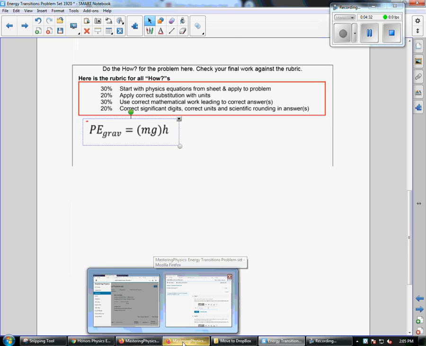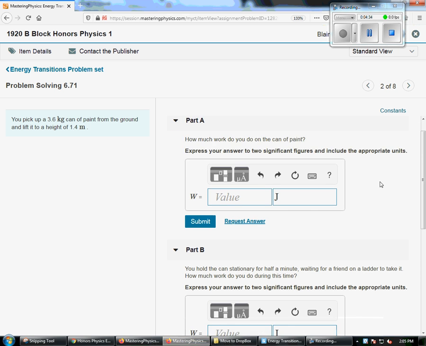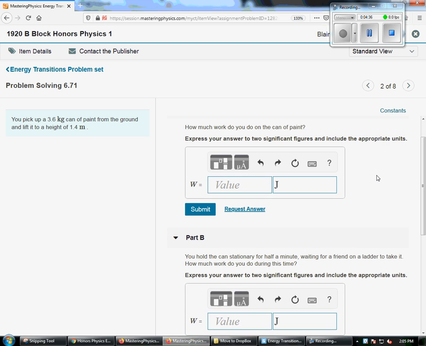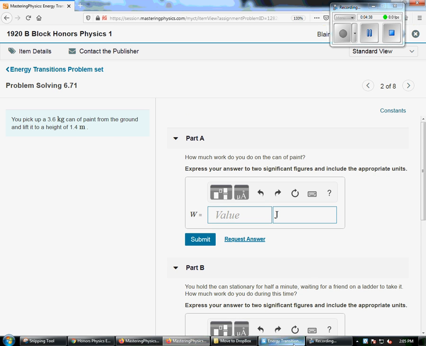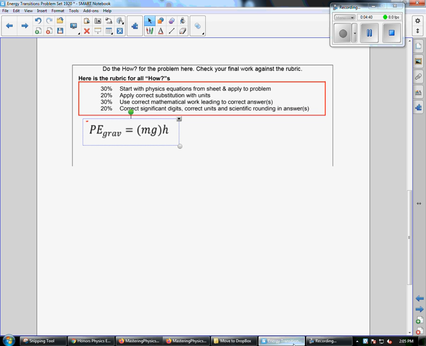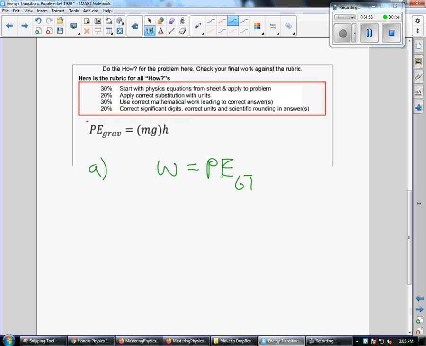So let's see, I am asked, how much work do you do to lift the can of paint? So this is part A. And so for part A, on my graph, the work I did equaled the PE grav at the top.